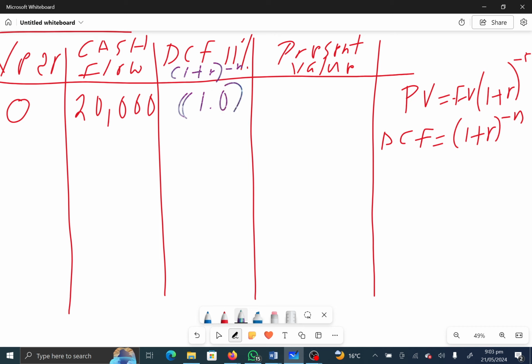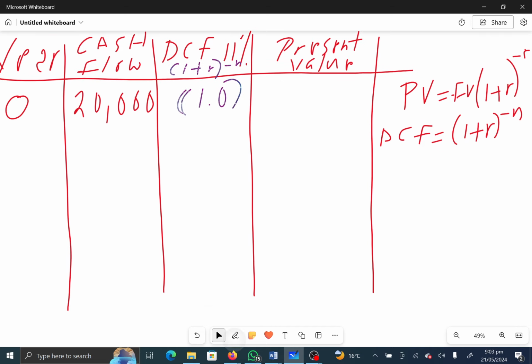Then the present value, because this is the money which has been invested, meaning you have spent your money, so it's negative. It's a cash outflow. Your cash outflow which you are investing was 20,000.